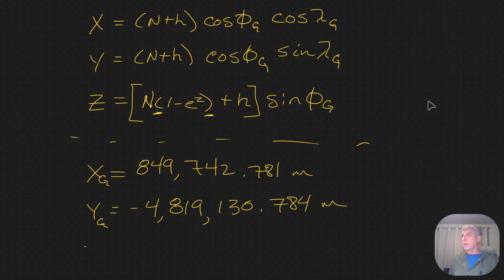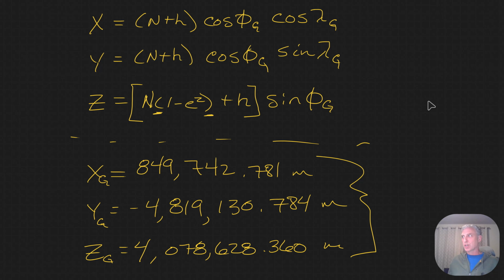And the z coordinate of our origin is 4,078,628.360 meters. And if you can think back all the way to the beginning of this lecture, all of that is our t prime vector. So now we have our t prime vector, we're ready to rotate and translate.